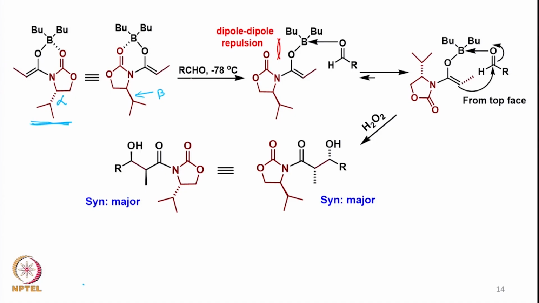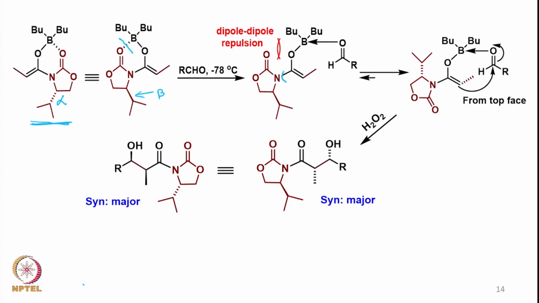Now when this comes in contact with the aldehyde, this particular oxygen-boron chelation breaks, and of course there is a dipole-dipole repulsion. Here there is a delta negative, here there is a delta negative, and therefore the orientation has a dipole repulsion, and this turns around.